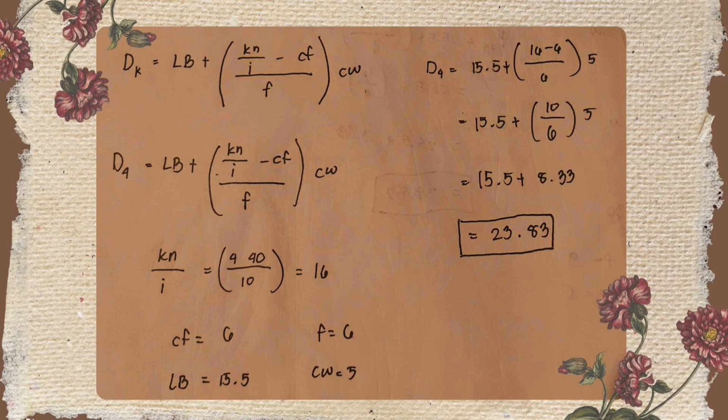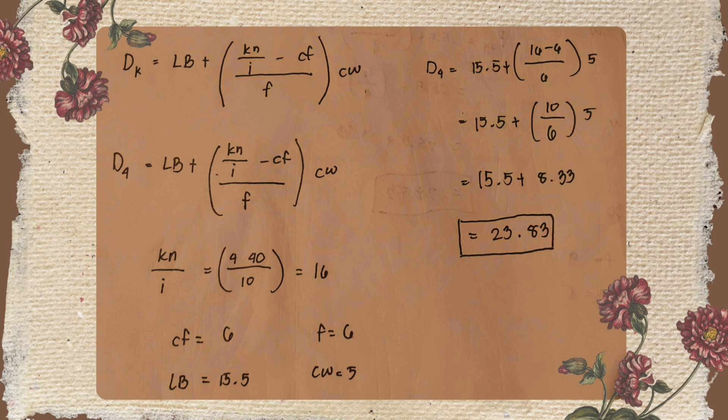Our I, we are using 10 because this is decile. So let's find the value of each. Kn is equal to 4 multiplied by 40 over 10, which is equal to 16. CF is 6. Our LB is 15.5. The frequency is 6 and the CW is 5.